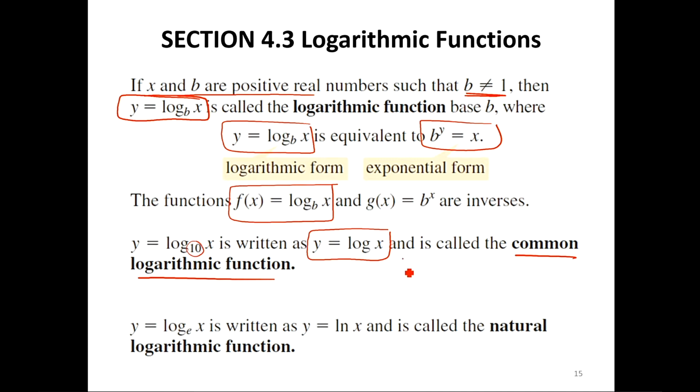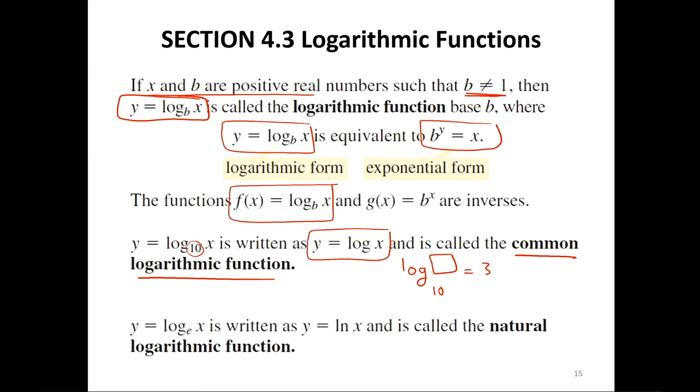For example, if we have log of box equals, for example, 3, what's the value in the box? Not multiply, it is power, so we have 10.